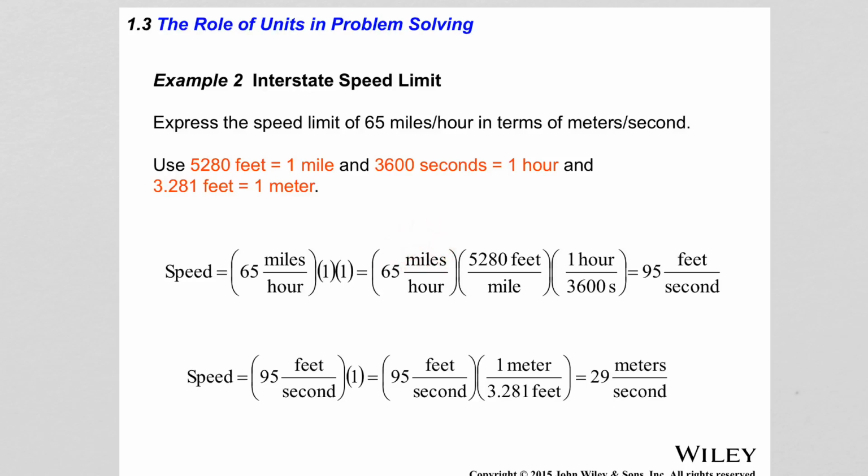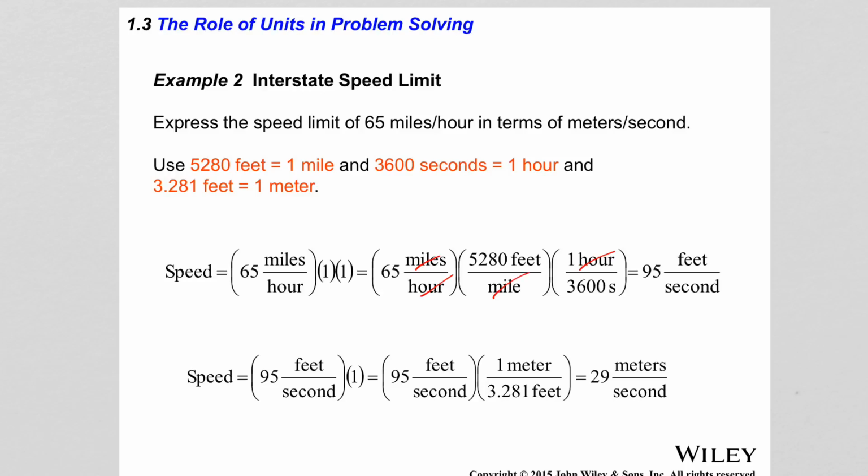So therefore, in the conversion factor, I want miles to be in the denominator so they can cancel out. And then in the second conversion factor for the time, since hours are the old unit in the original speed limit, in the conversion factor, hours will be in the numerator to be able to cancel them out with the hours in the original speed limit. So hours cancel out. So now what's left is, miles are gone, hours are gone.